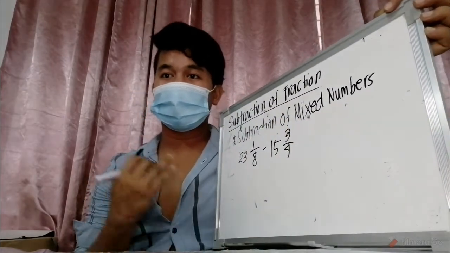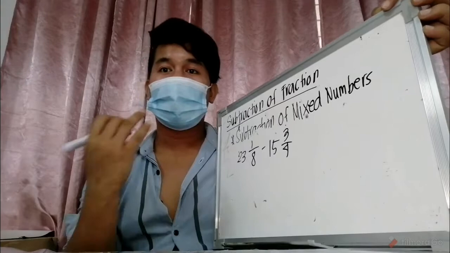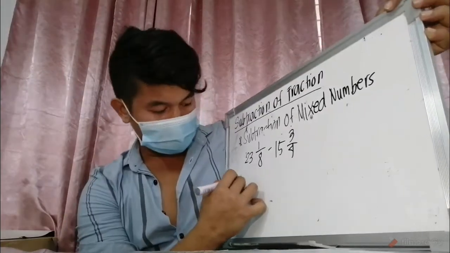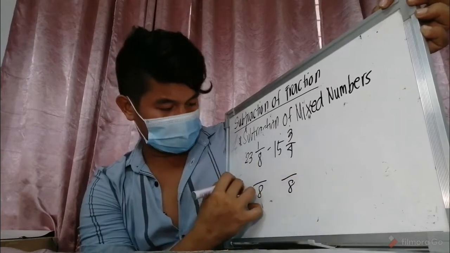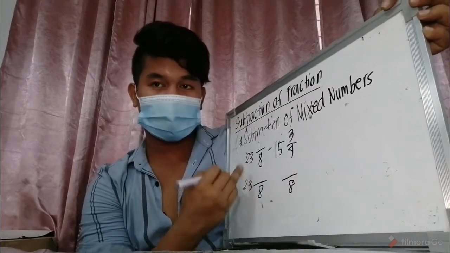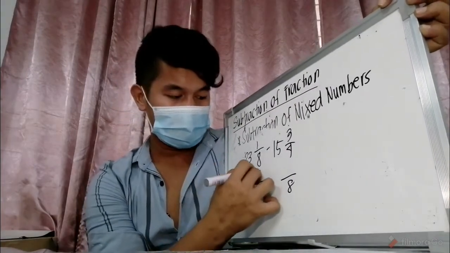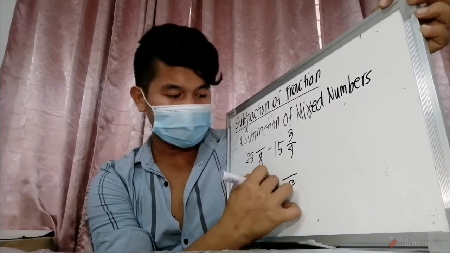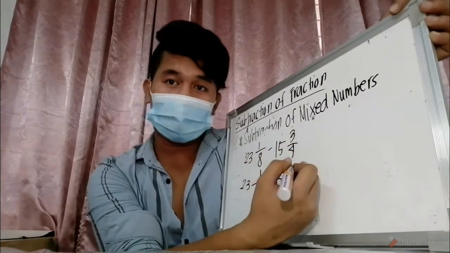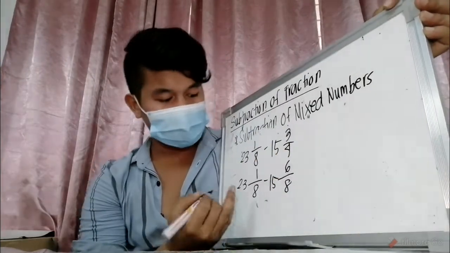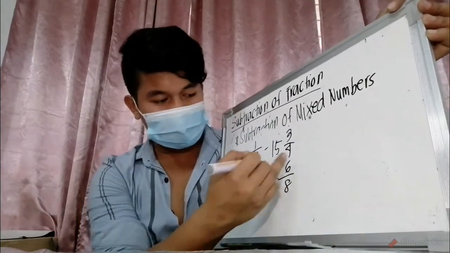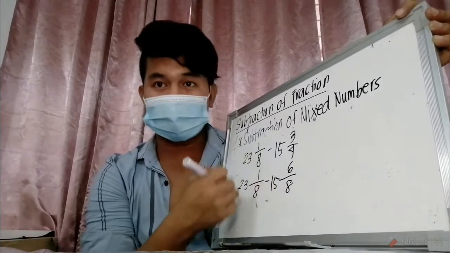So let us try to get first the LCD of the denominators. So we have here 8 as the LCD. So we have 23. So 8 divided by 8 is 1 times 1 is 1. Minus 15. 8 divided by 4 is 2 times 3 is 6. And as you can see, 6/8 here is greater than 1/8.